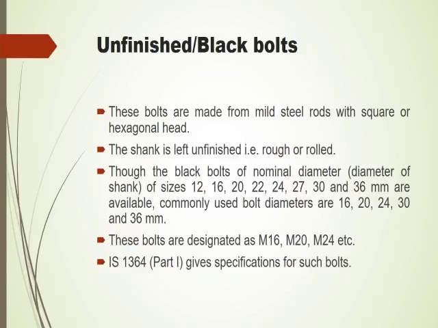And coming to the nominal diameters of these black bolts, means diameter of shank, the sizes like 12 mm, 16, 20, 22, 24, 27, 30 and 36 are available, but the commonly used bolt diameters are 16, 20, 24, 30 and 36 mm. These bolts are designated as M16, M20, M24 and so on. And coming to the IS code, IS 1364 part 1 gives specifications for these unfinished or black bolts.